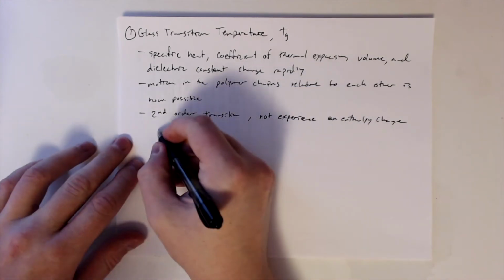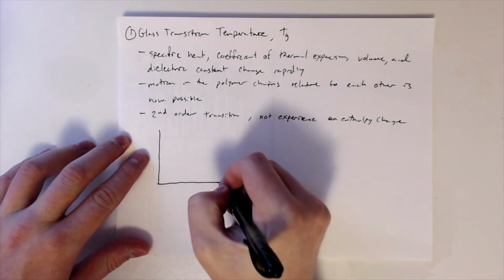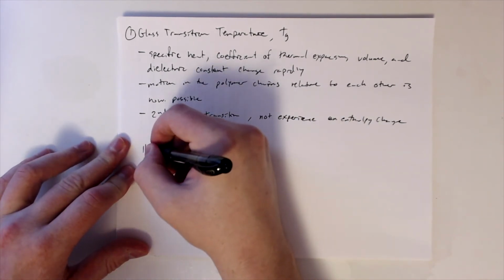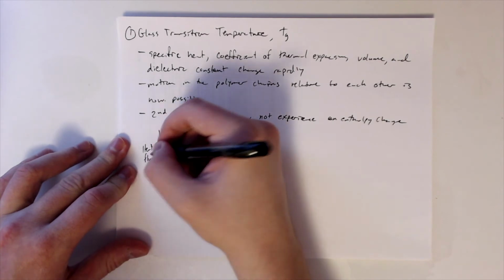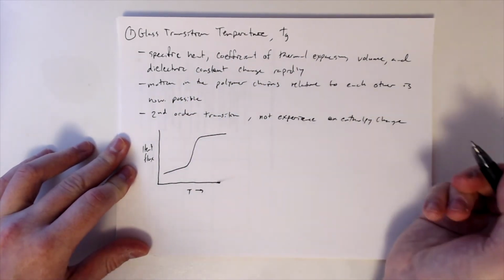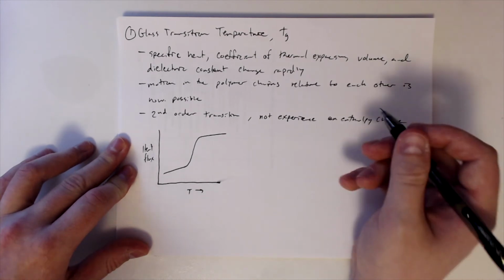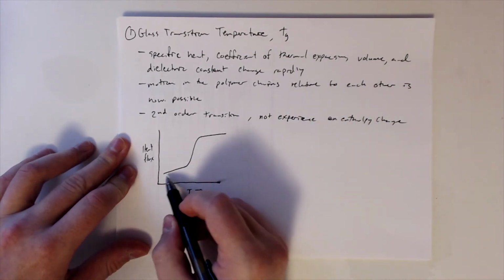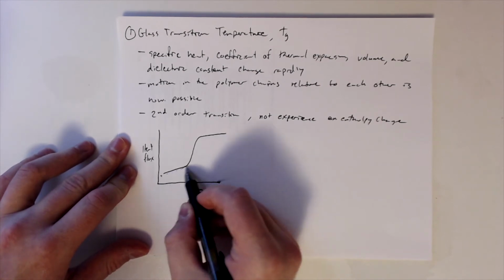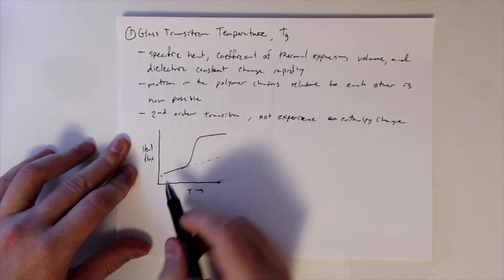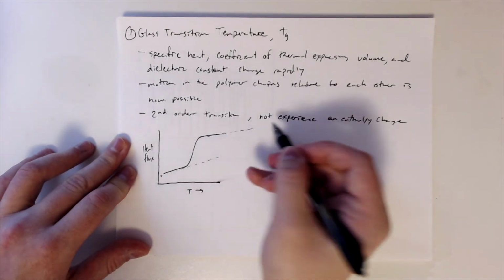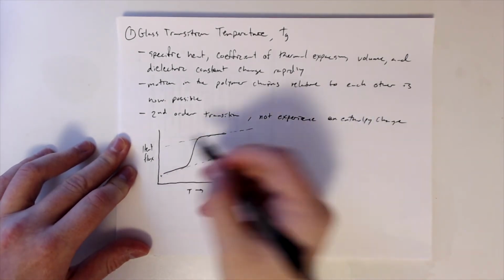And so again, if we just draw the change in heat capacity, it's going to look something like this. The heat capacity is the slope. Before the Tg, we have a slope here. After the Tg, we have a slope here.